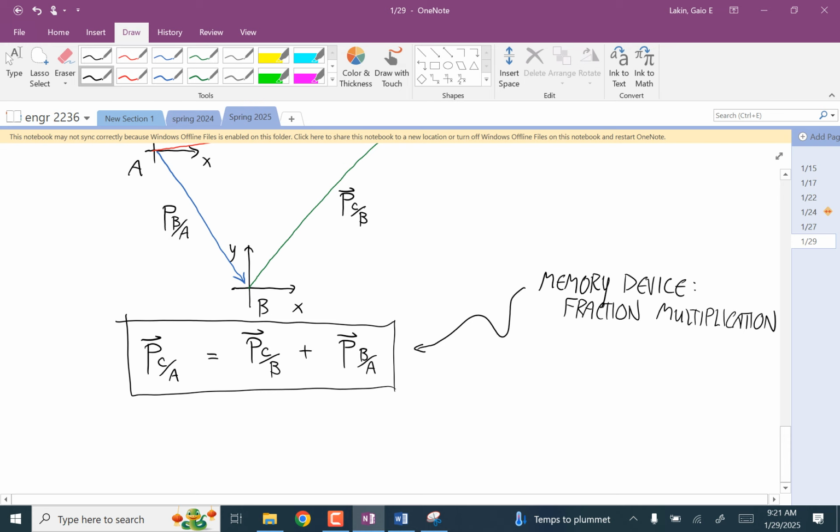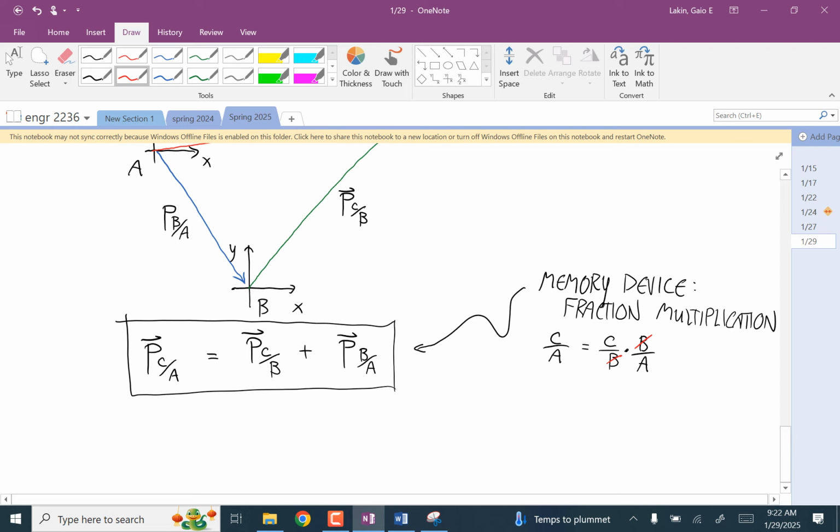If you look at just those subscripts, this says C over A is equal to C over B times B over A. So whenever you're doing relative motion problems, if your subscripts satisfy this multiplication, then you know you have the order right.